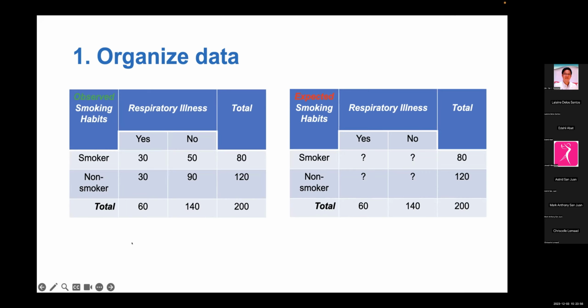Later on, we will compare if the observed is just the same as the expected result, so that you can conclude if really smoking will produce an effect on the respiratory illness or the other way around.